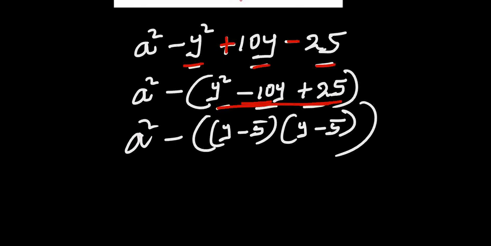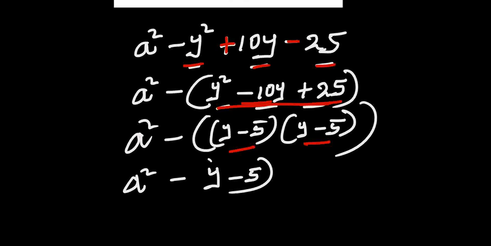Since we have the same term, y minus 5, we can simply write that in this way: a squared minus, we can clear the parentheses now, y minus 5 squared. Good. So we have the same term, this and this, so just write it once and then square it.